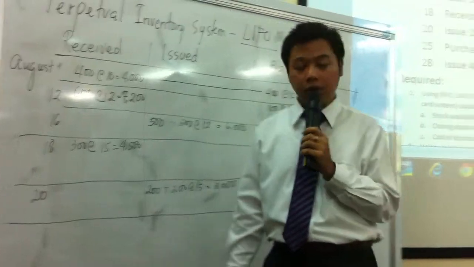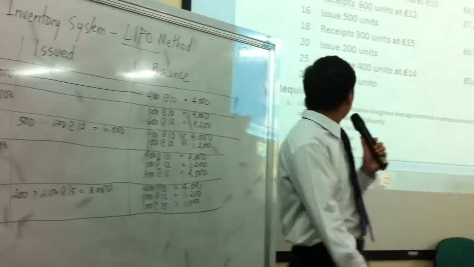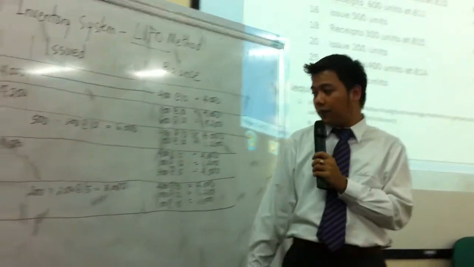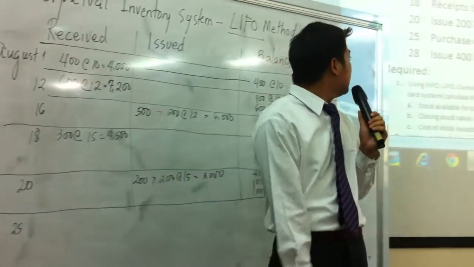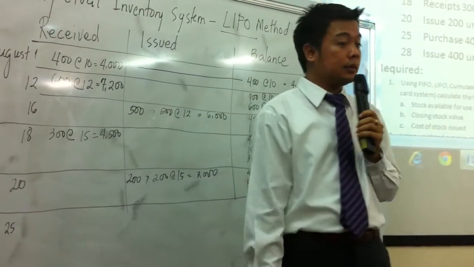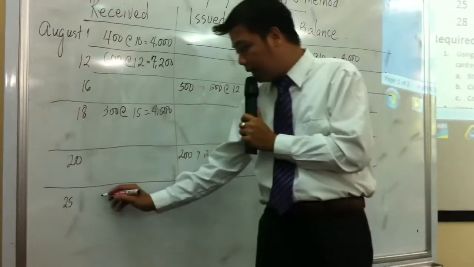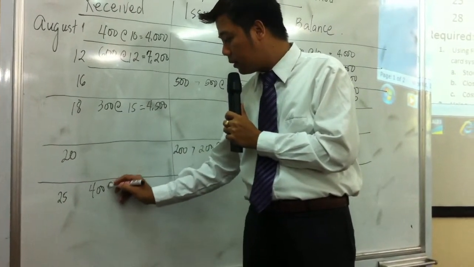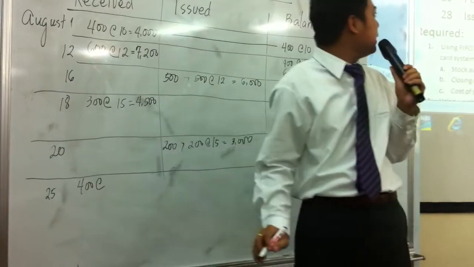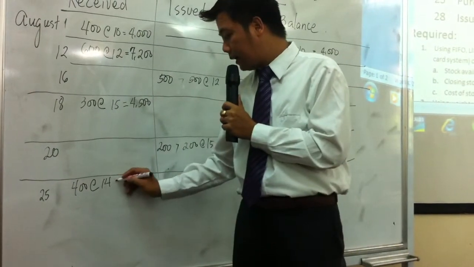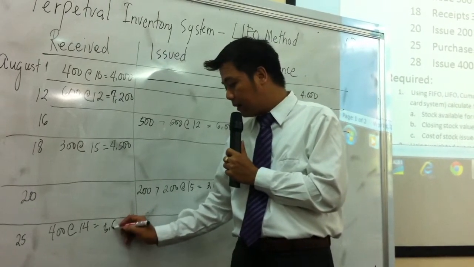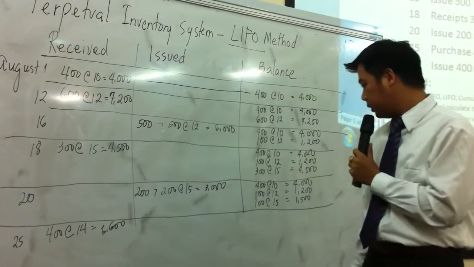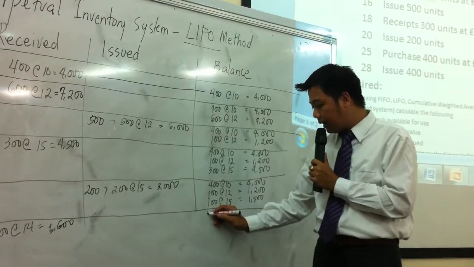Yes. Okay, very good. Next, August 25. What happened? What do we have? Receipt. Okay, so 400 units at how many units? 14. And that is for how much, class? 5,600. So again, we cannot combine.